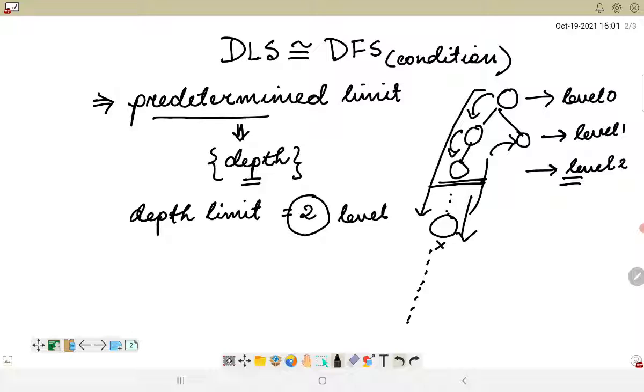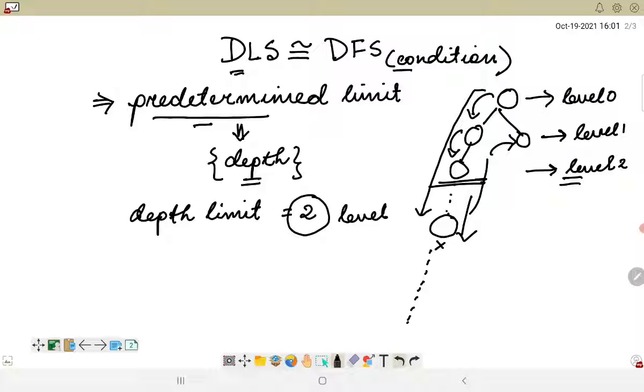Okay, so depth first search is modified with a condition, which is that we are associating a predetermined limit to the level along which the search would occur, and that particular condition based DFS is basically known as depth limited search.